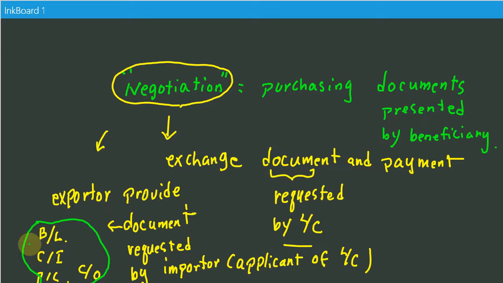We have studied some words, honorable and negotiation, because we needed to detect what these words mean. Again, we will return to types of LC.